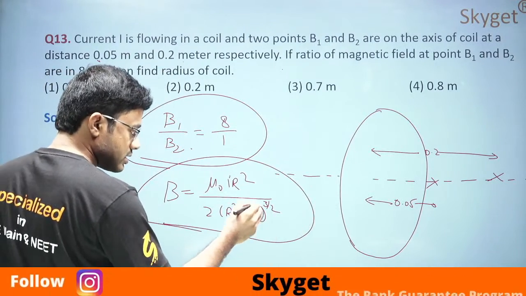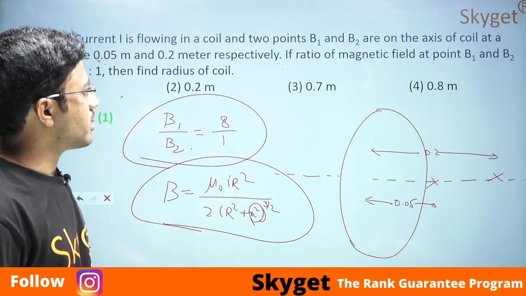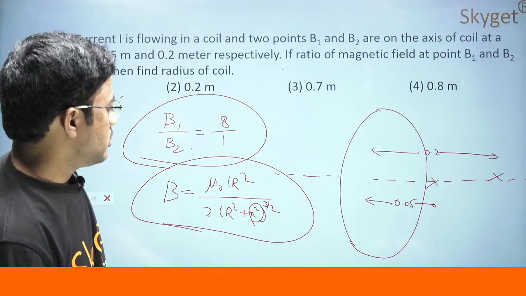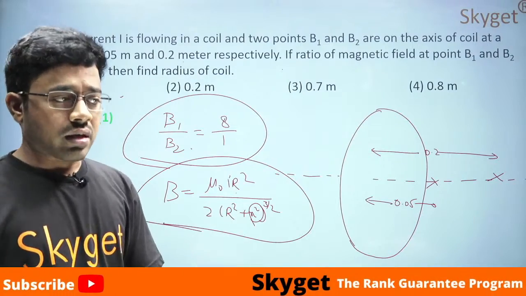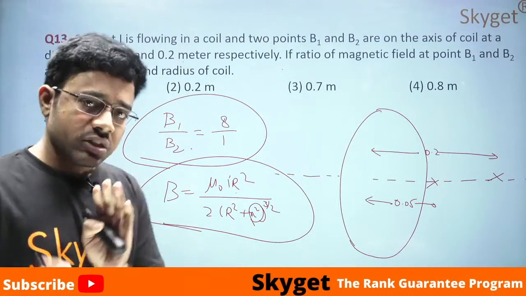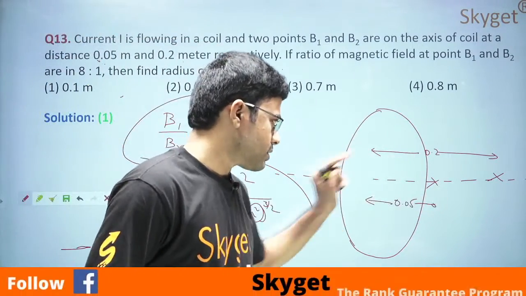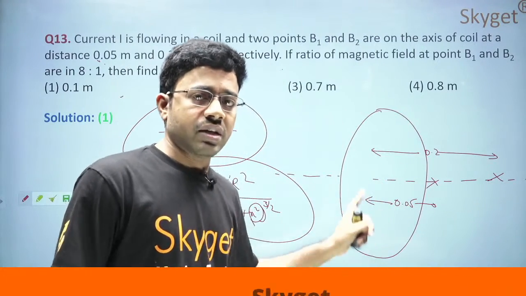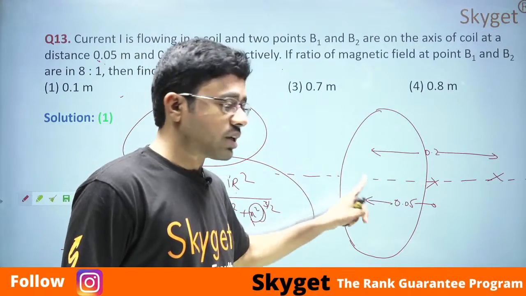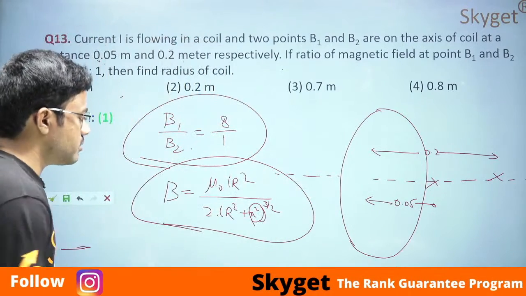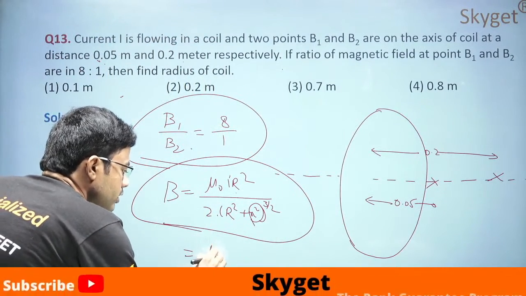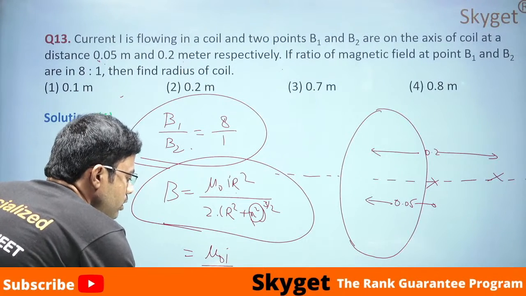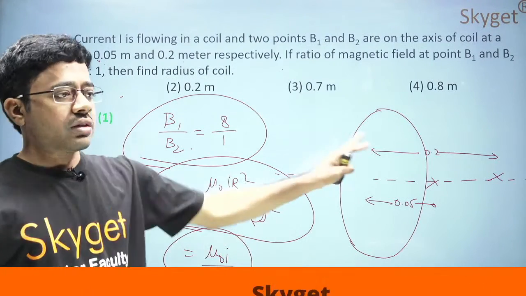X is the distance from the center of the coil, where R is the radius of the coil. If he asked for the magnetic field at the center of the coil, then the value of x becomes 0, and you can simply write mu naught I by 2r. But it is not the case here.